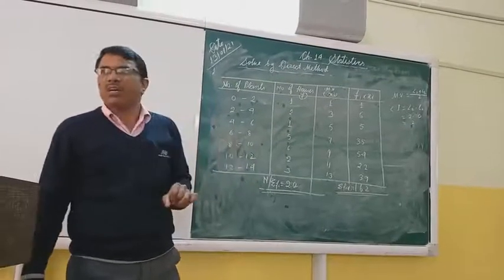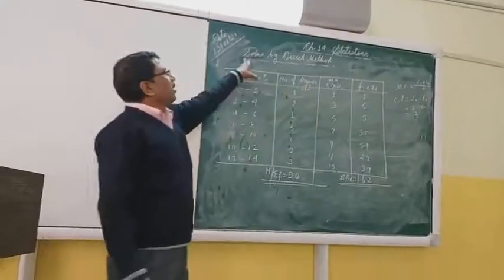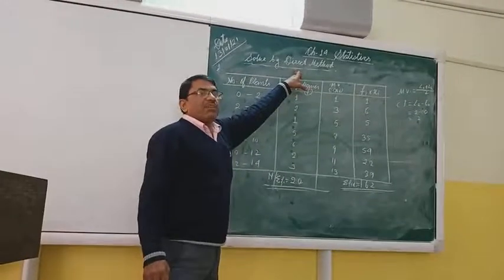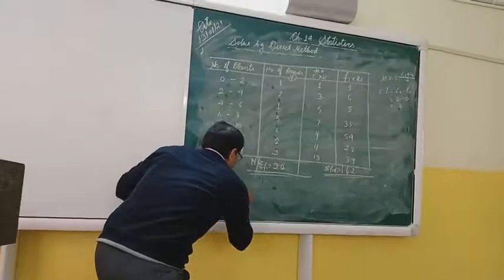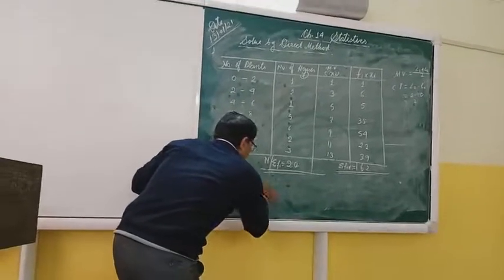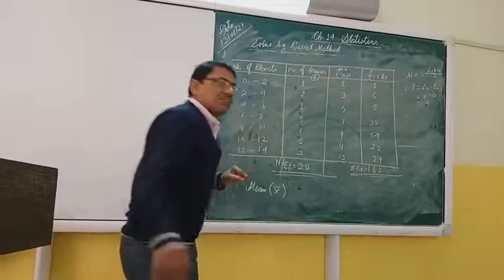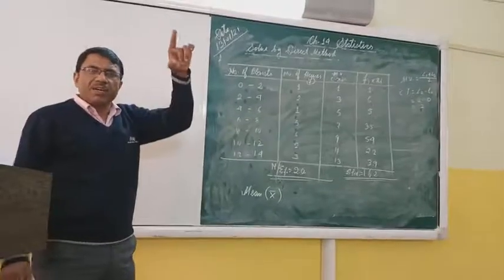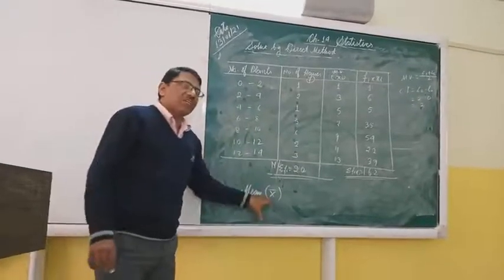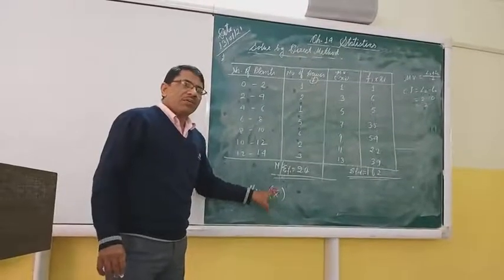Now we shall use the formula of mean, the formula of the direct method. So mean is equal to, mean symbol is what? X bar. The symbol of mean is X bar. In the exam also, we can use the symbol X bar. No need to write mean.